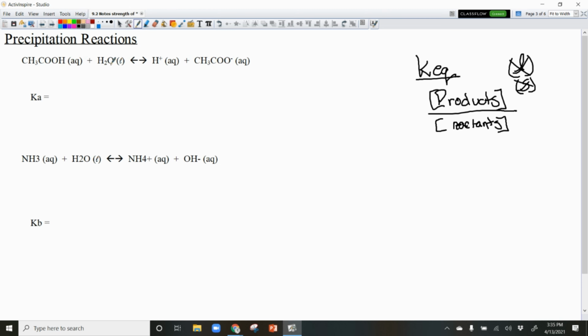Okay, so this is aqueous, so we're not going to include that. So we're going to take our products. Okay, so it's going to be the concentration of the hydrogen ion times the concentration of the conjugate base over the acid.